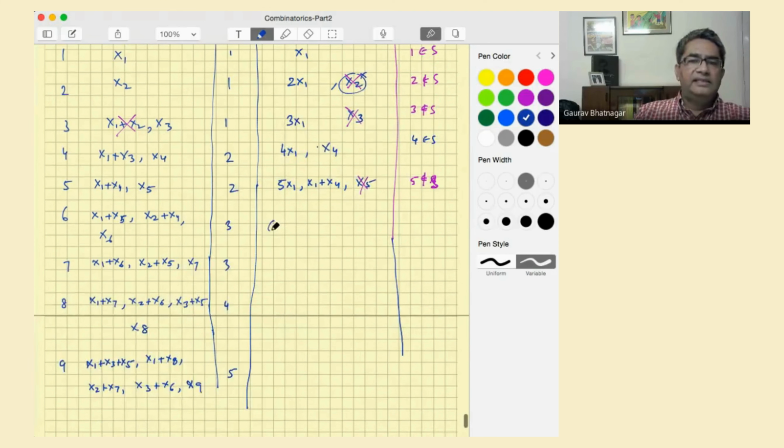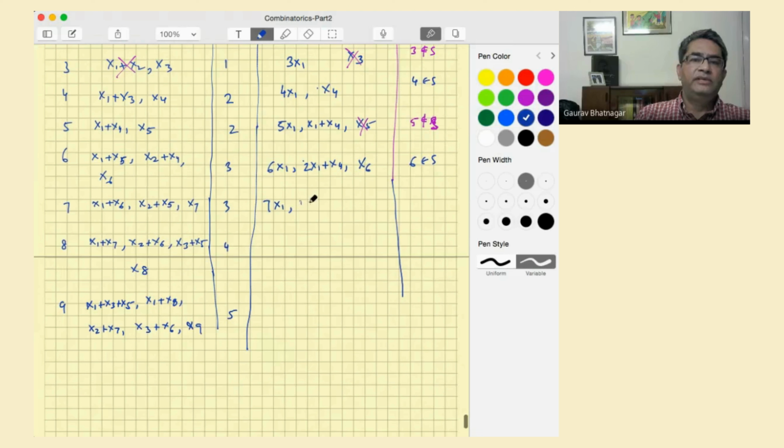Okay, 6x1, 2x1 plus x4. Why am I not putting x2 plus x4? Because x2 is not there, so I can't do x2 plus x4. But I do need a 6 now because there are 3 here. So 6 belongs to S.